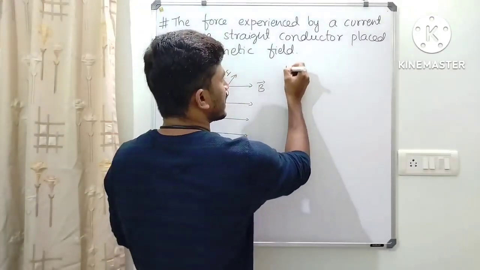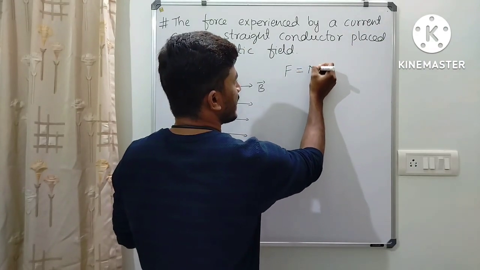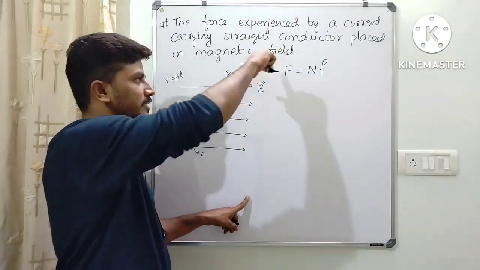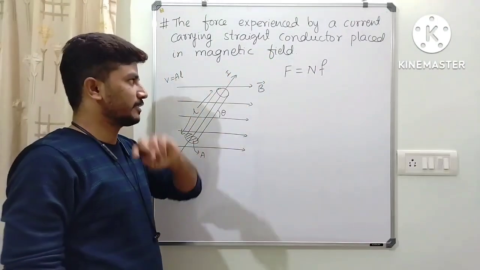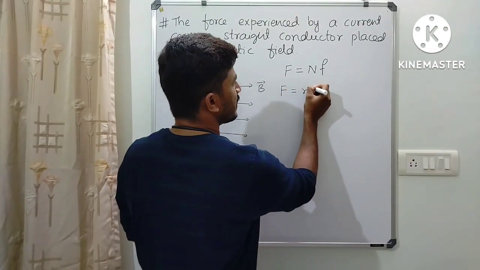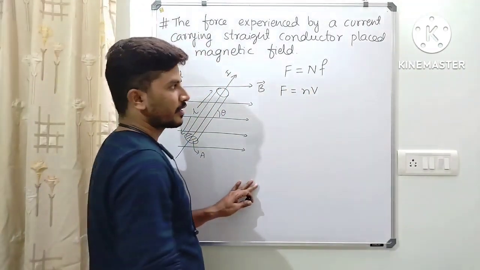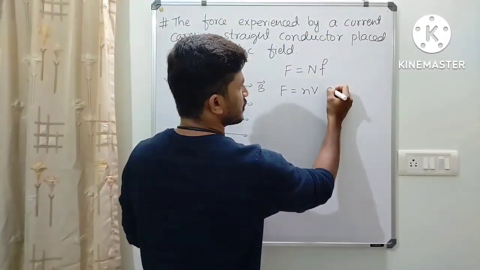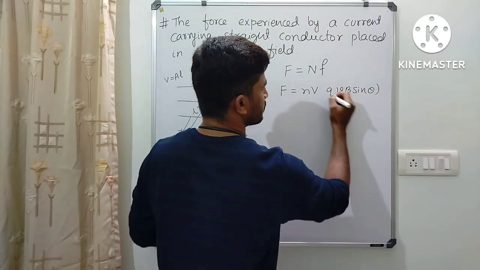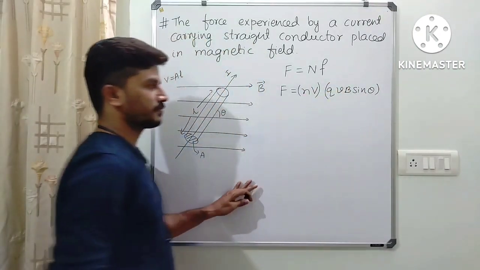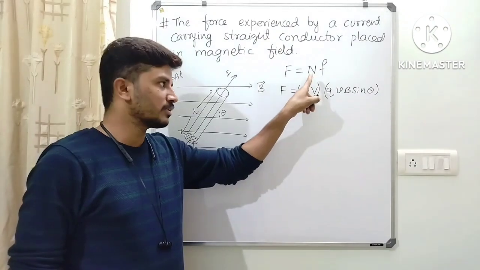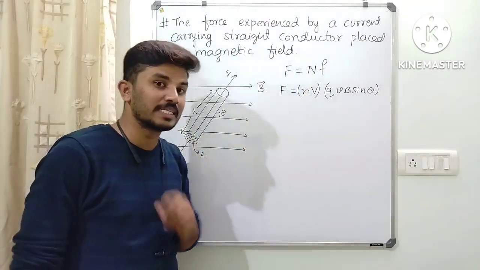Then the total force acting on the conductor is equal to N times the force on each charged particle moving in it, in the direction of current. Here N can also be written as small n into V, and force can also be written as QVB sin theta, where N is the total number of charges and small n is the number density of charges.